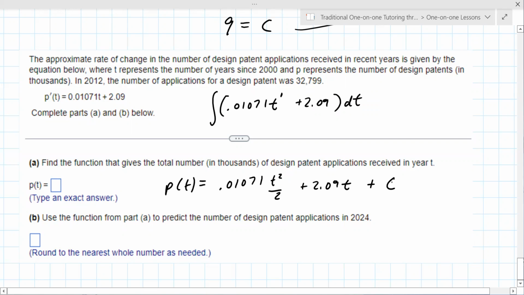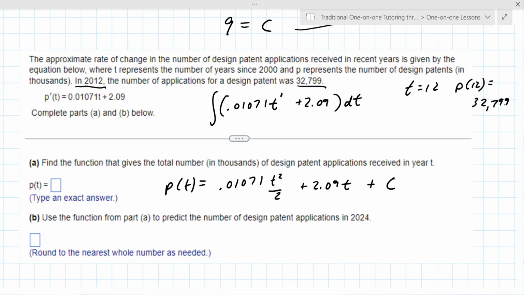But we can find C now because they tell you in 2012 the number of patents was 32,799. So they're telling you when t equals 12, P of 12 is 32,799. All right. So this is where we have to do a little more work. They're giving you the left side.